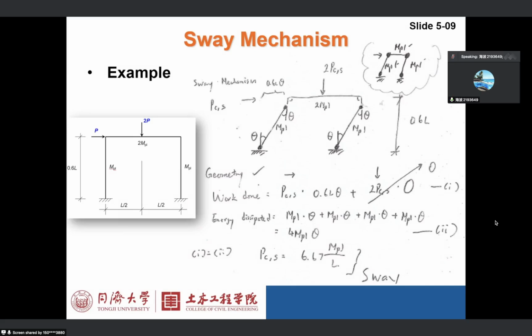So it means these two angles are going to... It's not applicable to the condition, because, for example, the work done, right? You mean the work done, there's no positive or negative value of delta. It's just delta. As long as there is displacement, it's just delta. So you don't need to worry about the positive or negative value. It's always positive. Similarly, for the energy dissipation, it's always positive, because energy doesn't matter whether delta is positive or negative. So in this case, we don't need to worry about positive and negative.